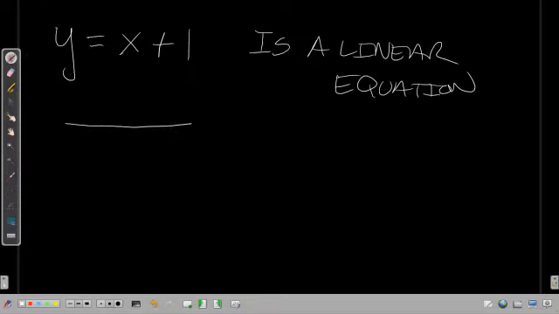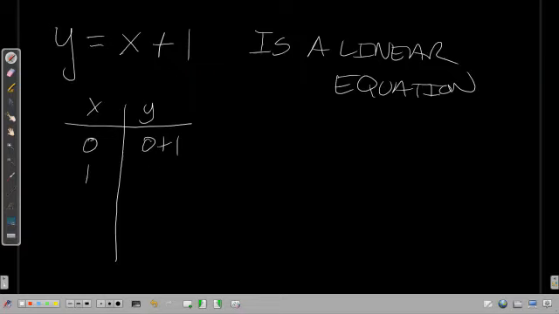I can make a table even of maybe some candidates for such a line. It's very common to make a table like this. It winds up being just a collection of ordered pairs. Like if I was talking about the number, when x was 0, then the y-coordinate would have to be 0 plus 1.